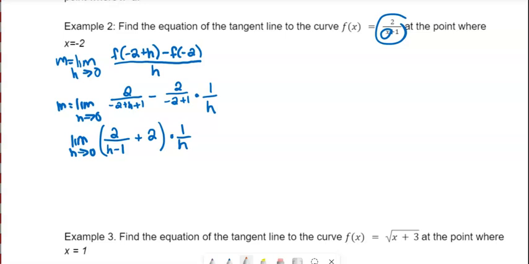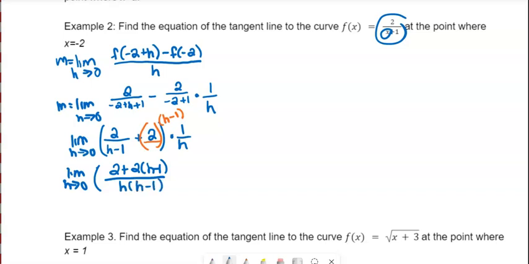So I need this to be over h minus 1. I'm going to multiply this by h minus 1. So I have 2 plus 2 times h minus 1 all over h and h minus 1.